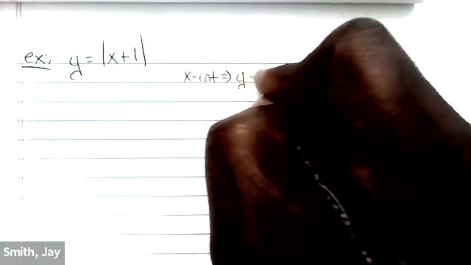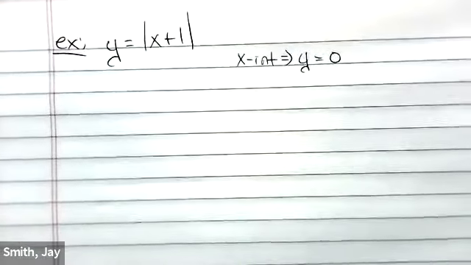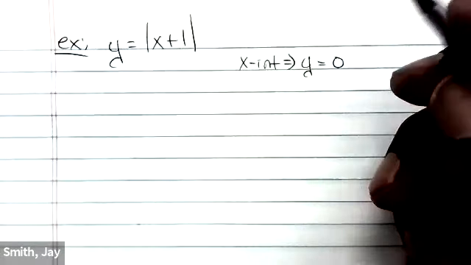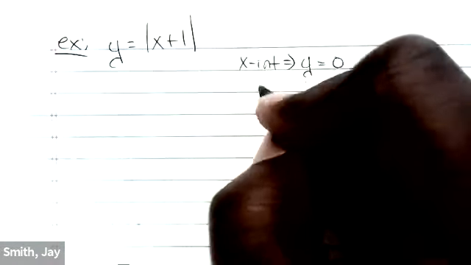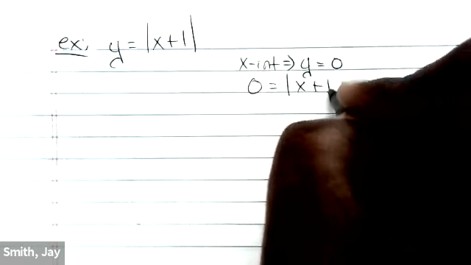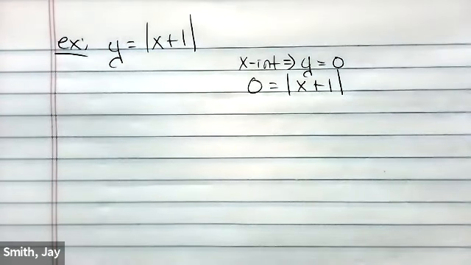Remember, the x-intercept implies that y is equal to 0. That can be the first thing we solve for. So here we have 0 is equal to the absolute value of x plus 1.